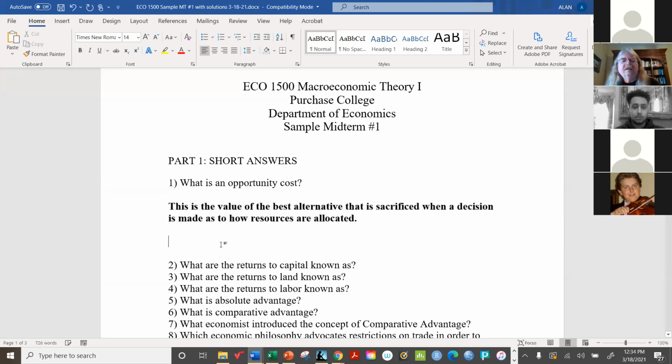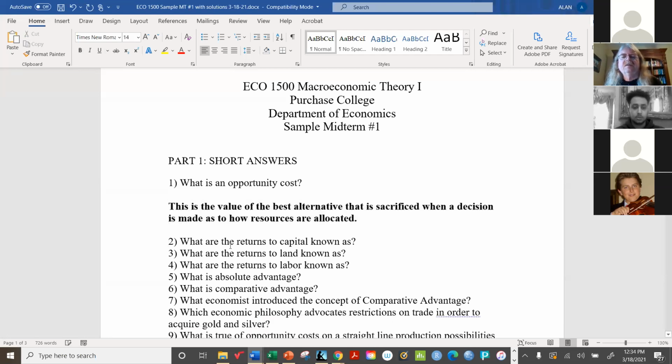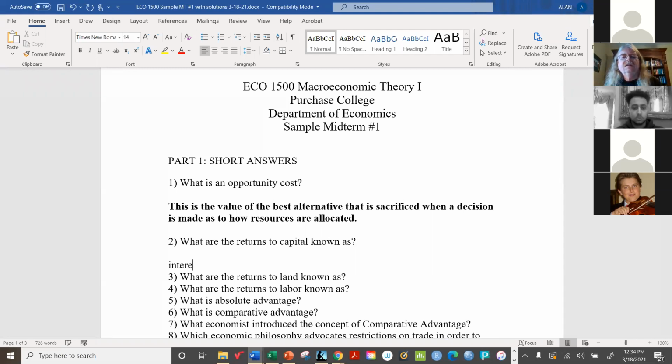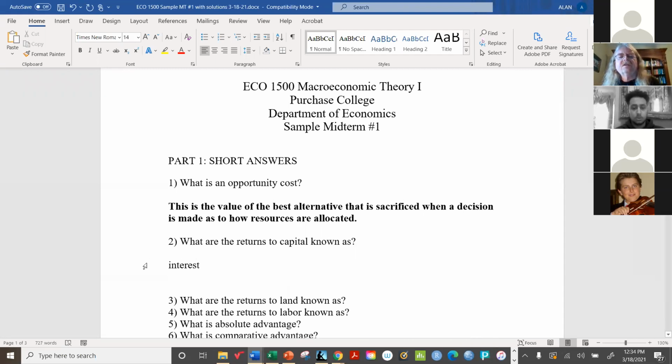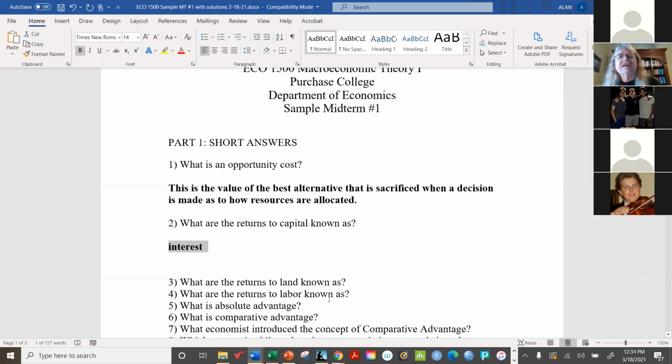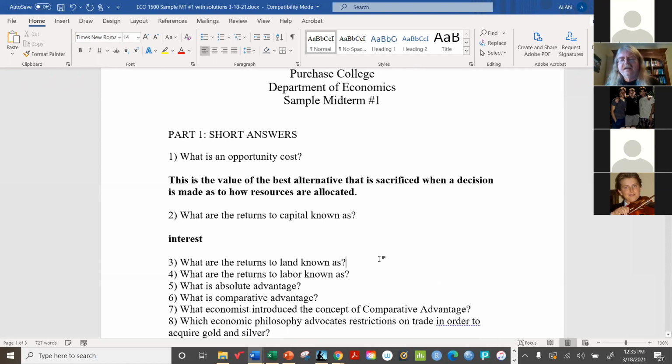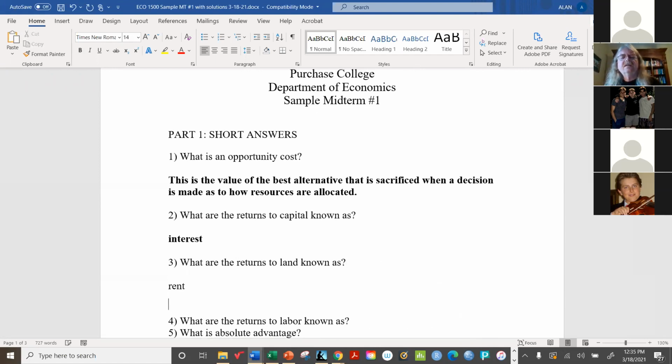All right, now these next 3 are very quick and simple. The returns to capital are known as interest. So the word interest is used here in economics to refer to the returns that the capital owners will receive by renting out their capital. The returns to land are known as rent. Now remember too that land means more than just literal land. It means all natural resources.